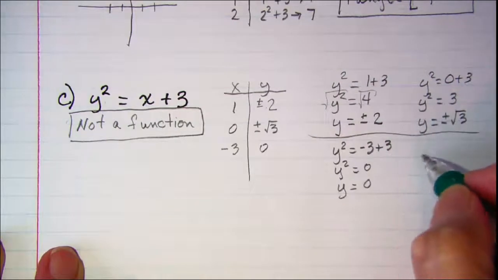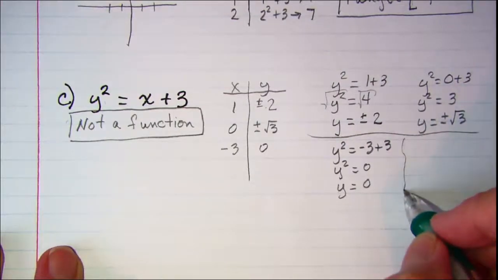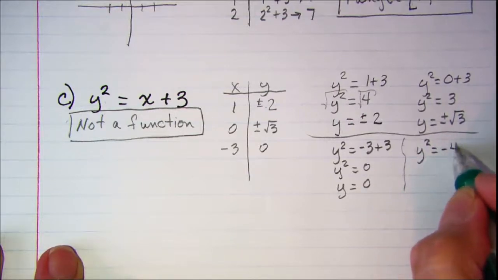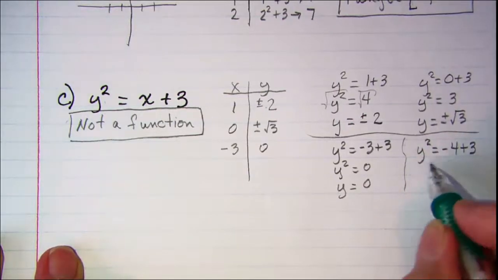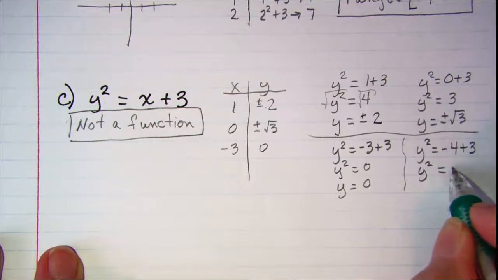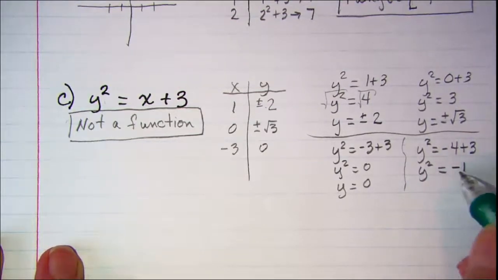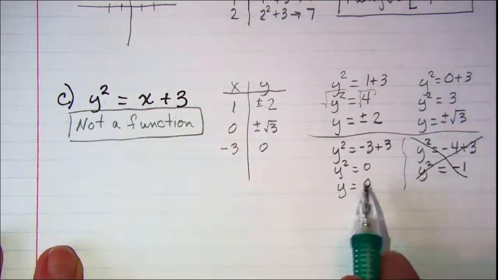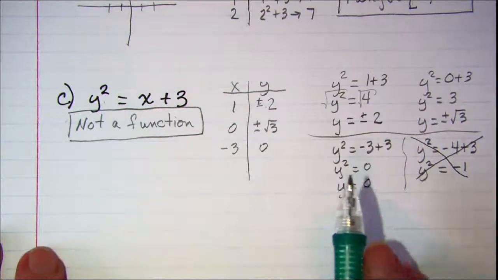And then if we tried x equal negative 4, we'd have y squared equals negative 4 plus 3. Y squared equals negative 1, and this is not going to happen because the square root of negative 1 is imaginary, so this is our smallest y value.